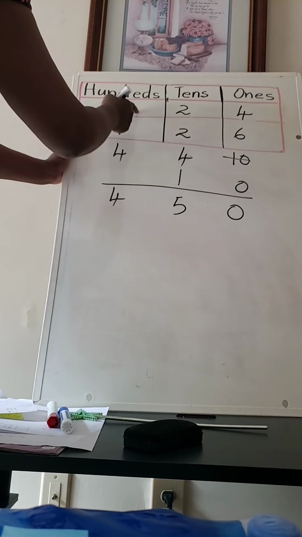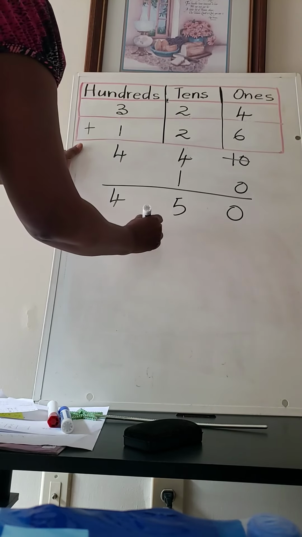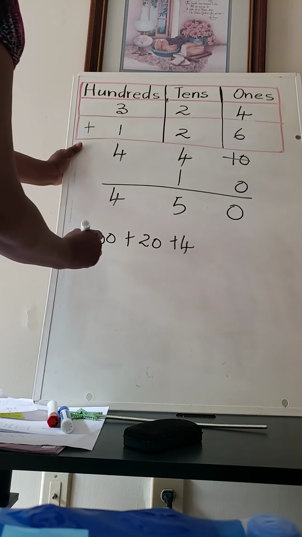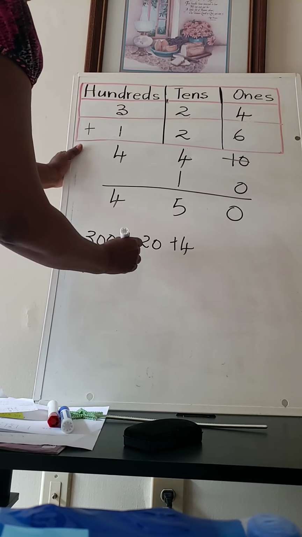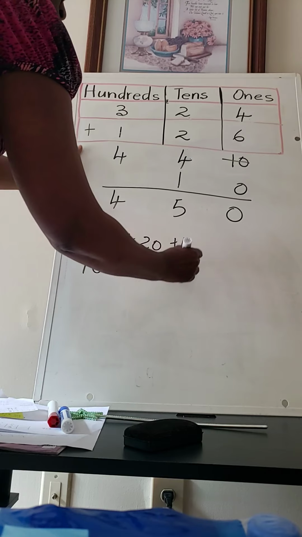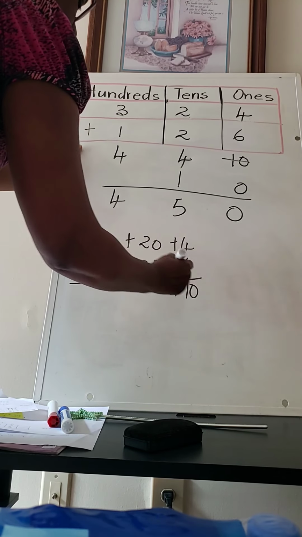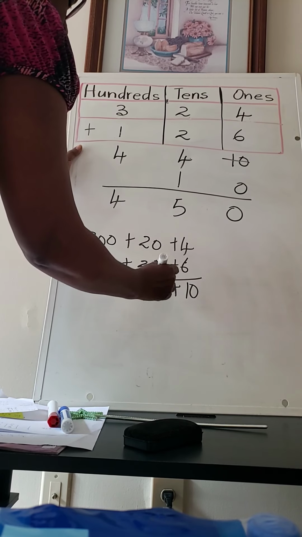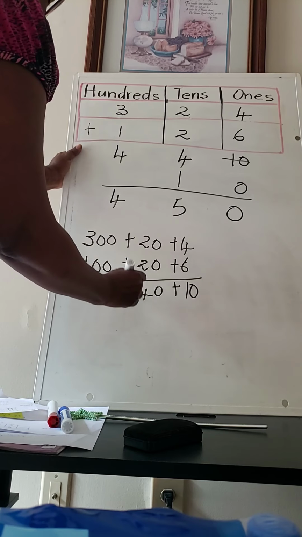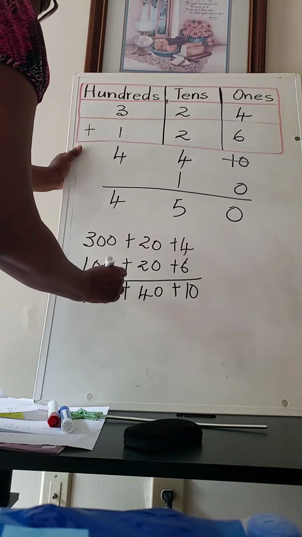We're adding it in expanded form. So we have 300 plus 20 plus 4. And we're adding to that 100 plus 20 plus 6. 6 and 4, 10. 2 and 2, 4. 40, 20 and 20, 40. 300 plus 1 more 100, 400.